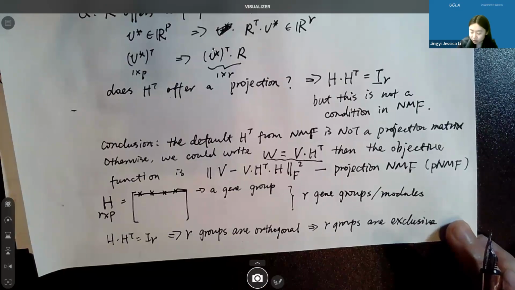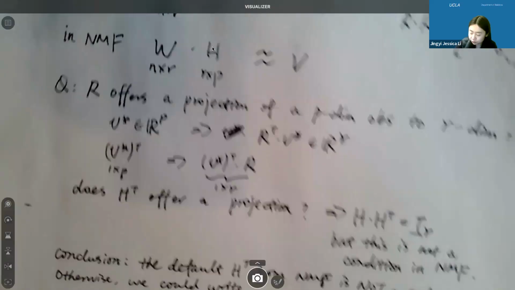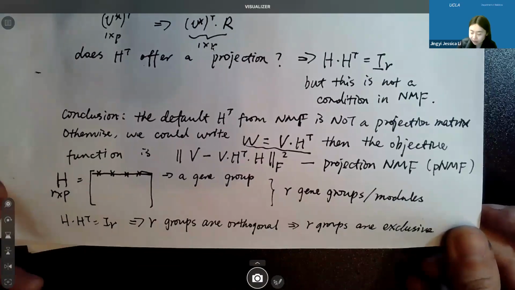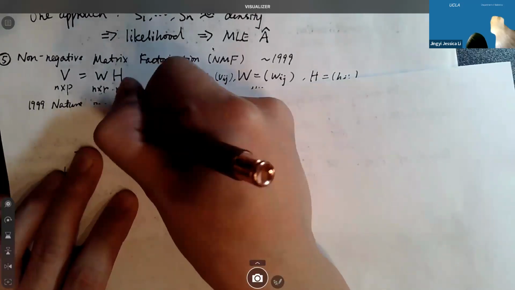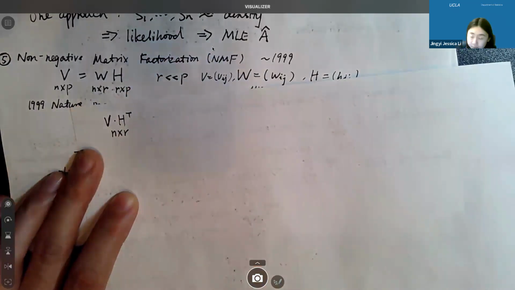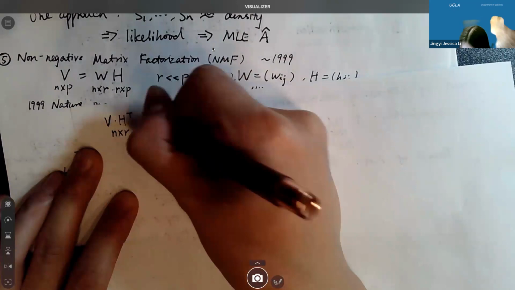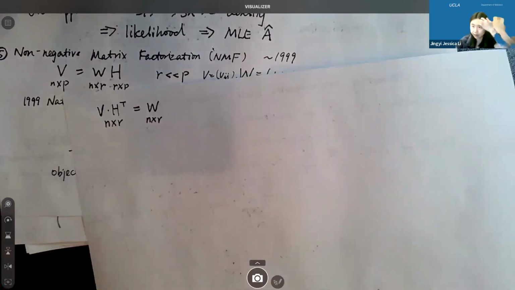Furthermore, if you look at the embedding matrix, which is V times H transpose, this matrix also has an explanation. This is M by R, the embedding. Using the regular NMF notation, we can call it W, the embedding matrix.